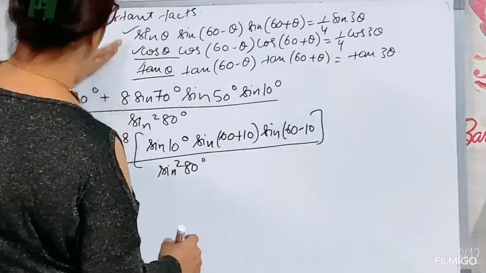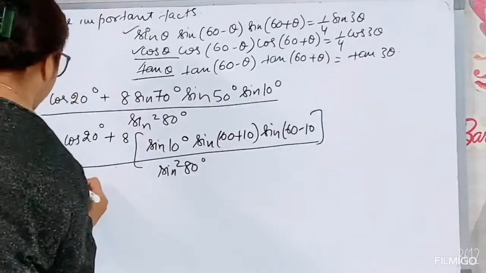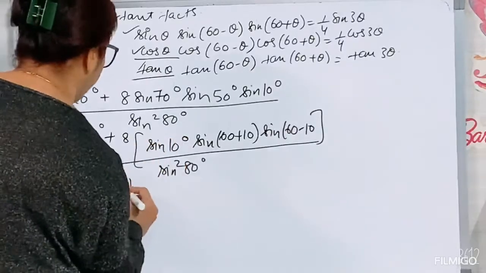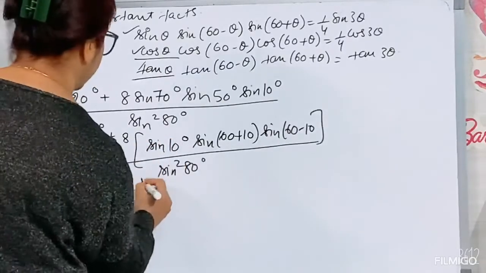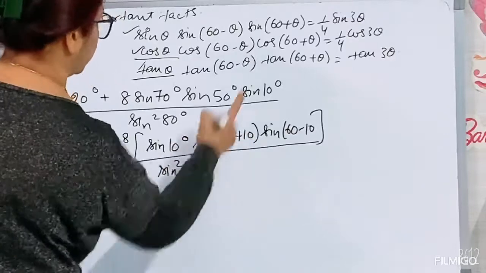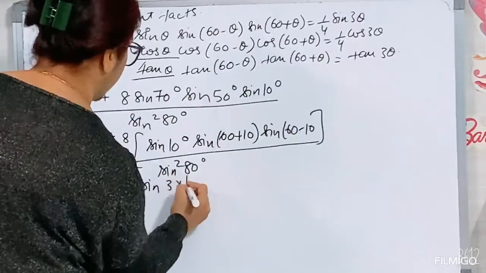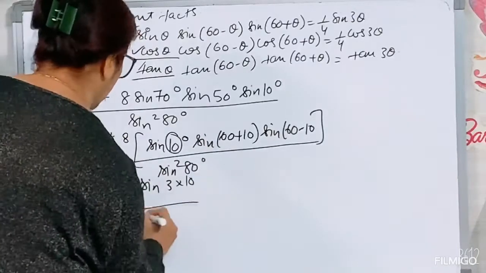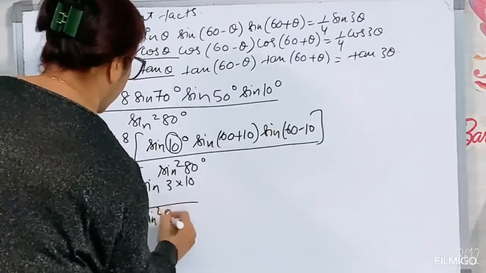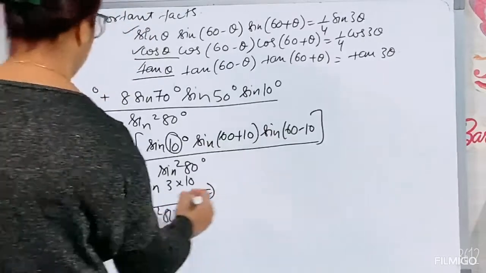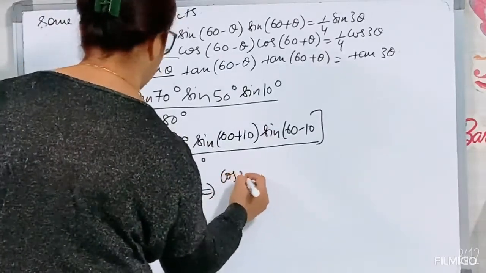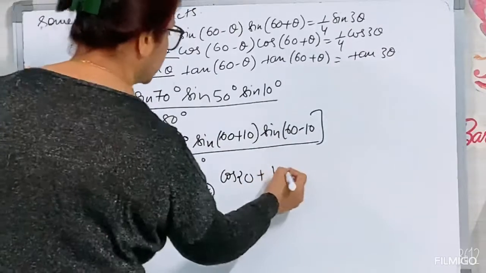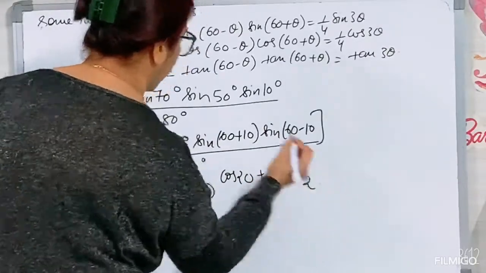Now please check the formula. Now it becomes cos 20 degree plus 1 by 4 of sine 3 into 10, because 10 is our theta, by sine square 80 as it is. Now cos 20 degree plus 1 by 4. What is sin 30 degree? Sin 30 degree is 1 by 2.